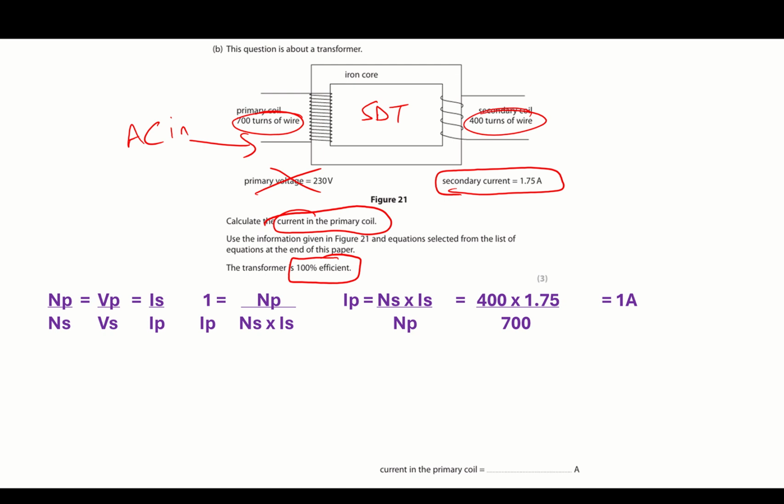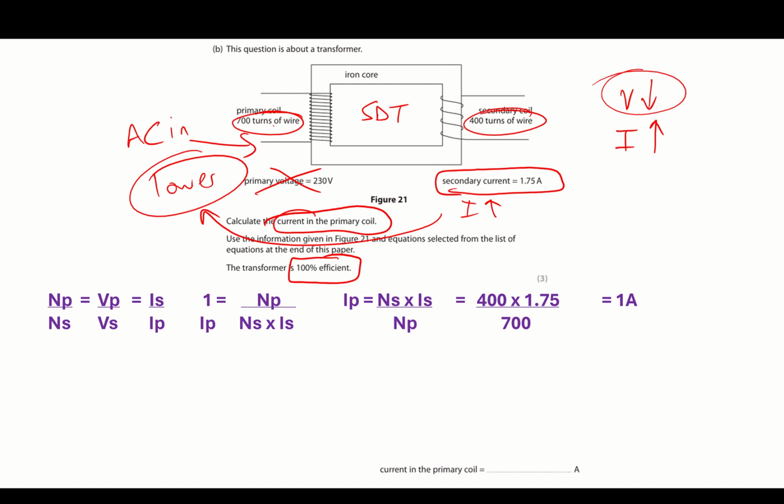We know that if it's a step down transformer, voltage goes down and current goes up. So if the current has gone up here, it must be lower over here. And there we go. So get your ratio, 700 to 400, and then make sure that the input is lower, because the current will, so it's that thing of don't mix up voltage.